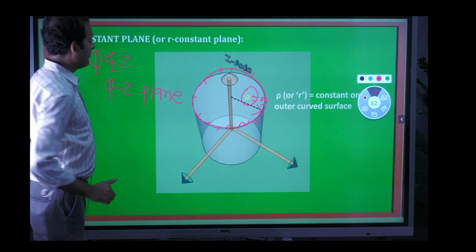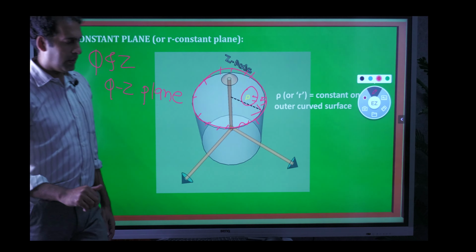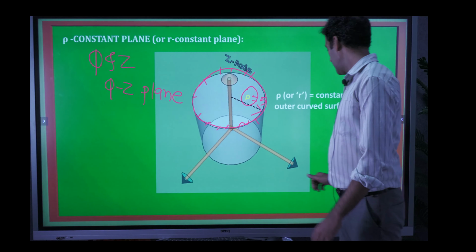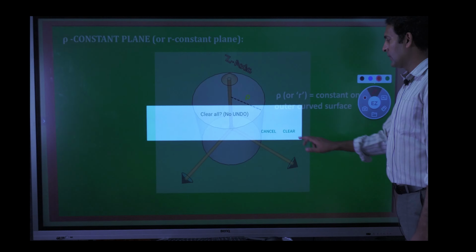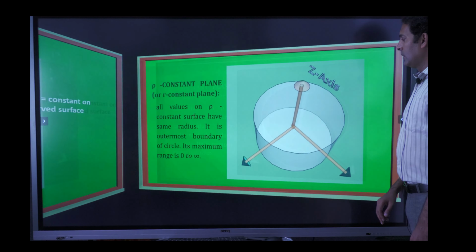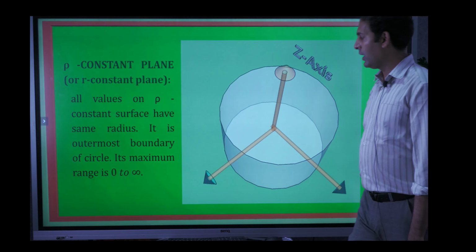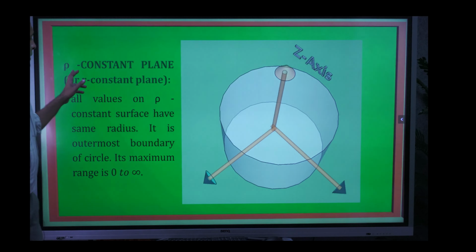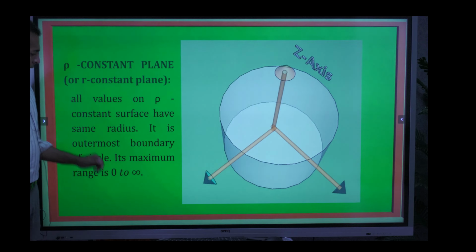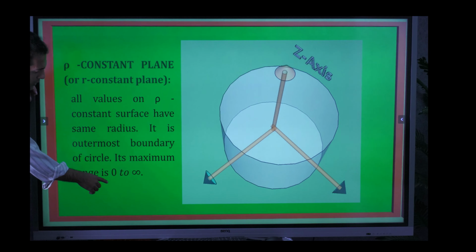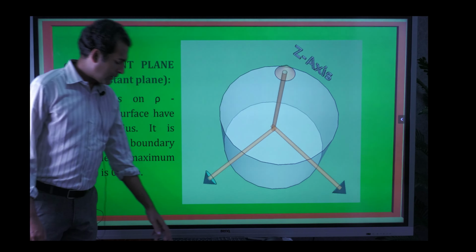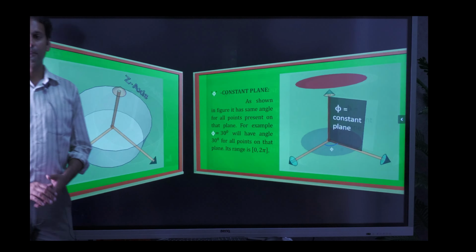This is the alternate name for the r constant plane, or phi z plane, because the values of phi and z are changing. Now the second one is also an r constant plane and the limits for that are from 0 to infinity. From another angle you can view the radius r.